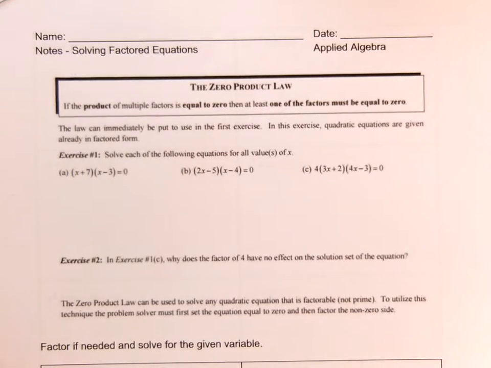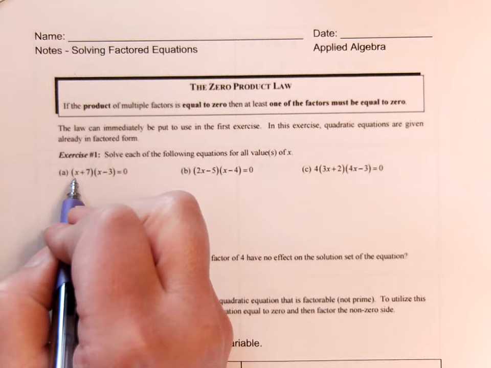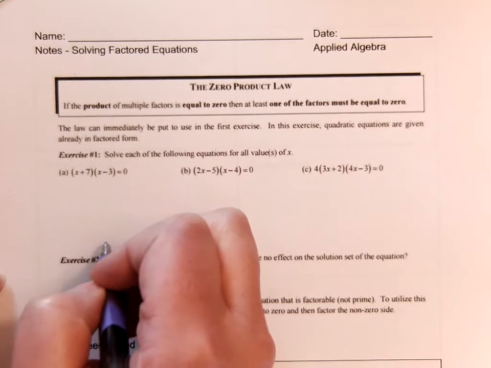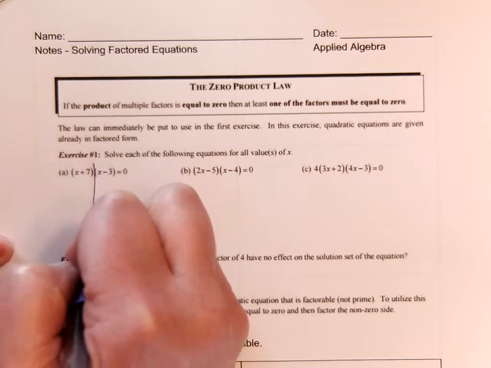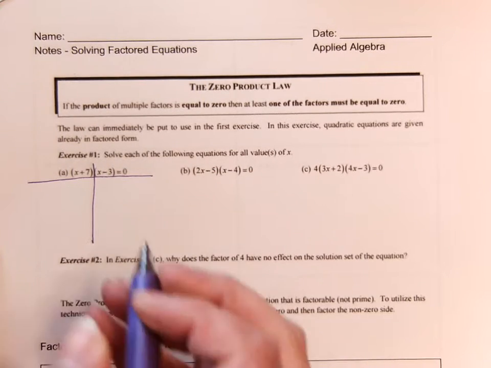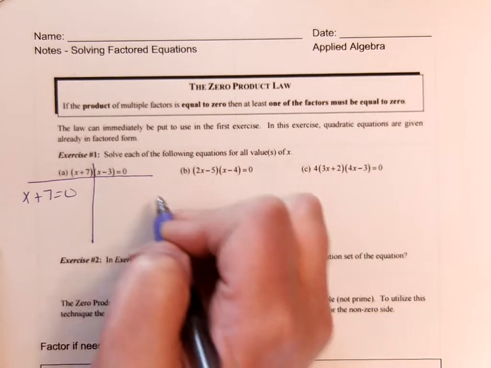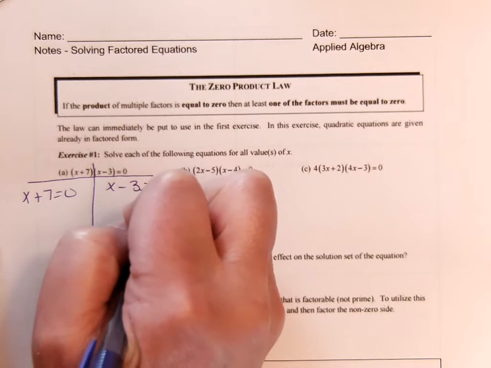Okay, so here we go. The first one we have is (x + 7)(x - 3) equal to 0. So really what we like to do is make this little T-chart. Break it up so we can separate our work. We're going to have x + 7 = 0 and x - 3 = 0.